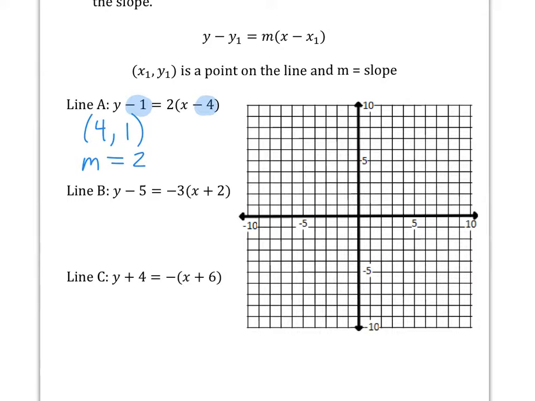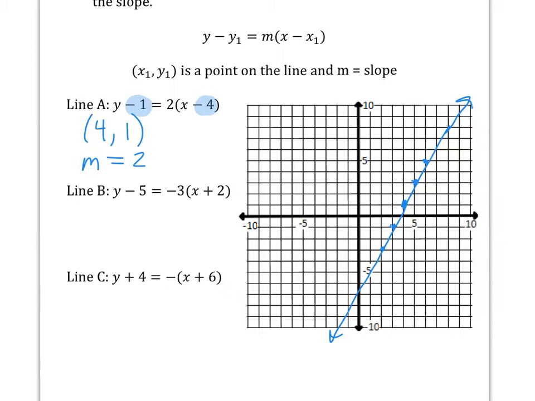And so I'll graph the point 4, 1, and then I'll move according to the slope, which would be 2. So up 2 units over 1, or down 2 units to the left 1. Okay, make my line as straight as possible. Go through my entire coordinate plane with arrows on the end of my line. And that would be line A.